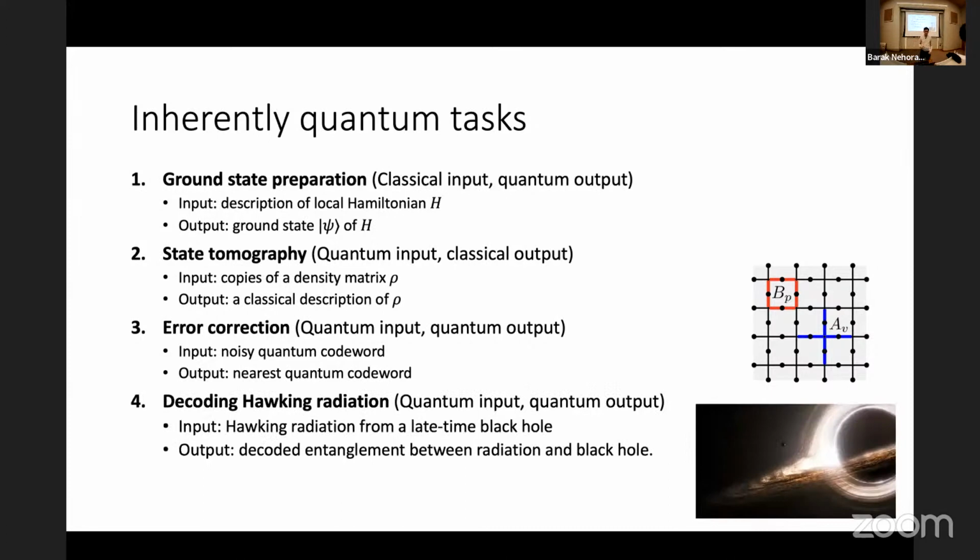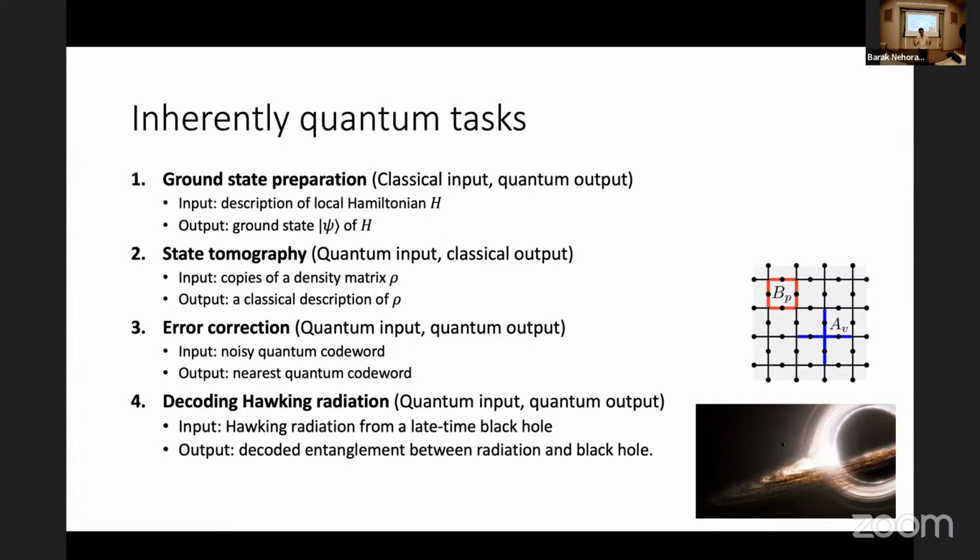As a last example, here's something a little more exotic, but of deep interest to people working in high-energy physics and theoretical physics recently: the computational task of decoding entanglement from the radiation of a black hole. It sounds very esoteric and fantastical, but they've been thinking about it to help understand resolutions to the black hole information paradox.